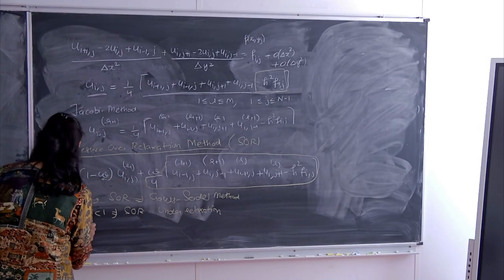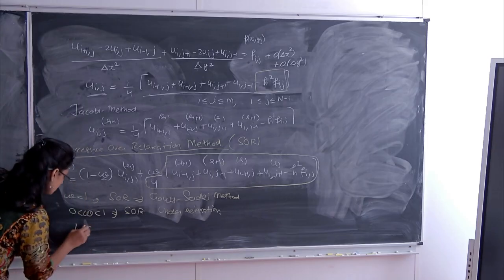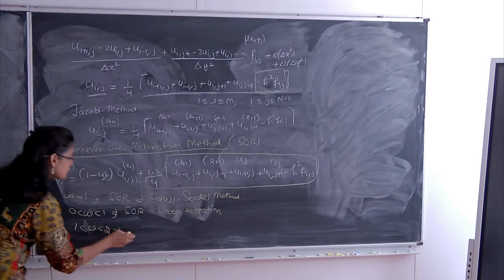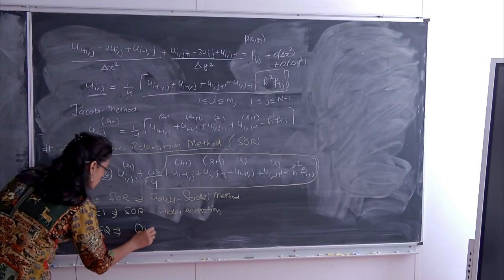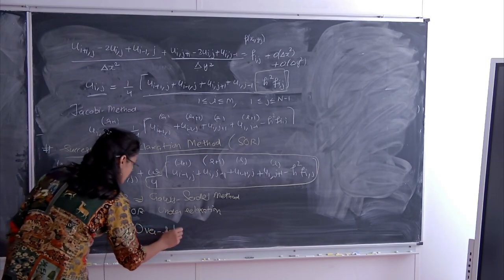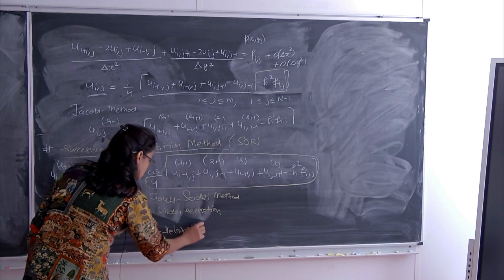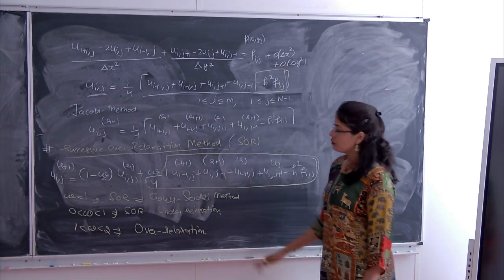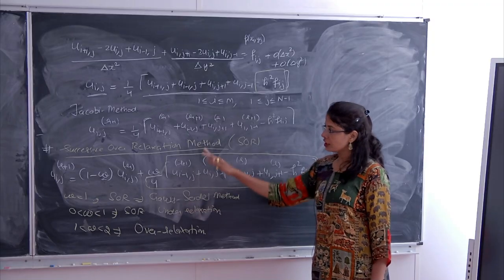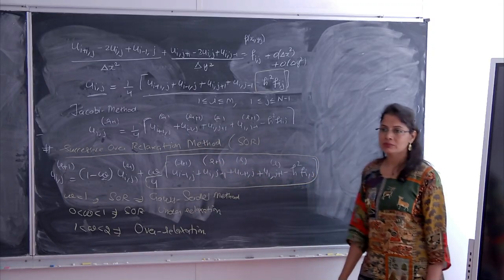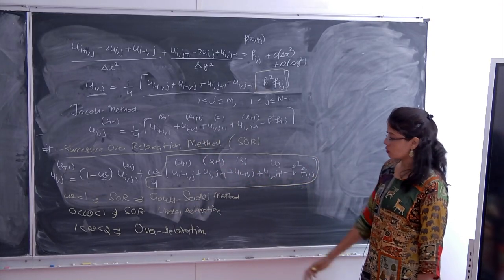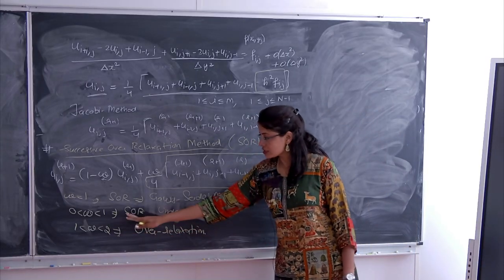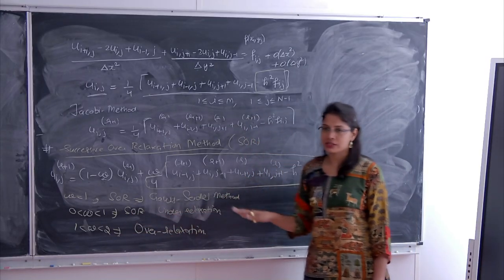And if your omega is greater than 1 and less than 2, then we say that this method is over relaxed, or over relaxation. If your omega is 1, we get the same formula that we have already done, the Gauss-Seidel method.